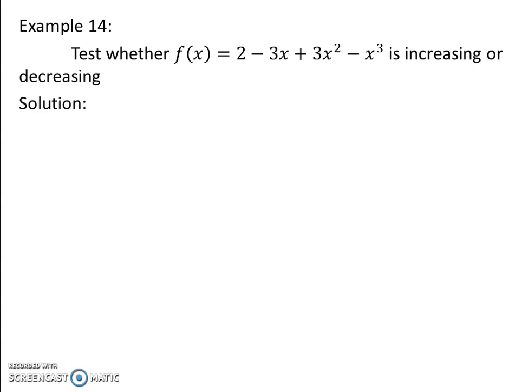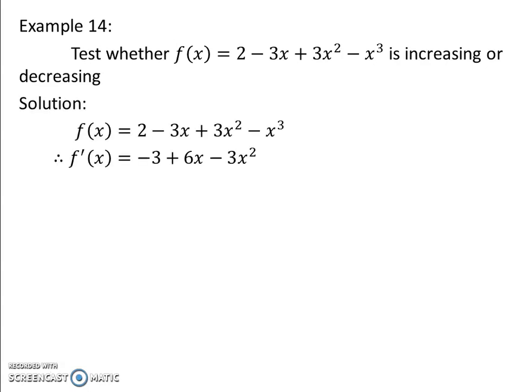Differentiating f of x with respect to x, f dash of x will be minus 3 plus 6x minus 3x square. Taking minus 3 common, in the bracket you will get x square minus 2x plus 1, which can be written as x minus 1 bracket square.